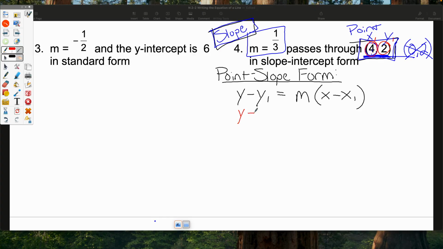Y minus y1, y minus 2 equals the m that it gives us, 1/3, times our x minus the x1 that we have, 4. So we're just substituting our y1, m, and x1. We get the x1 and the y1 from the point that it gives us in the problem, and we just substitute into our point slope form.